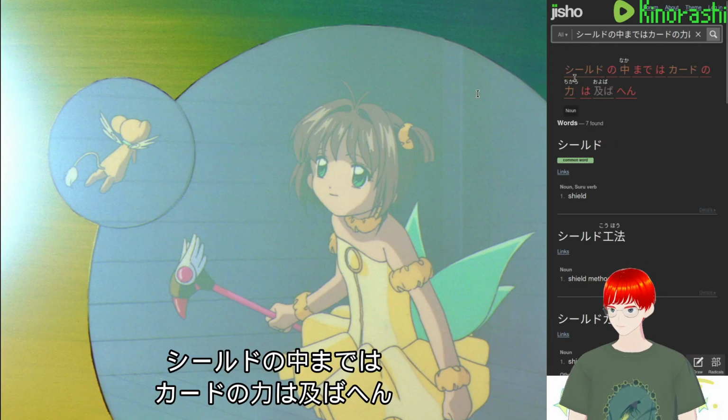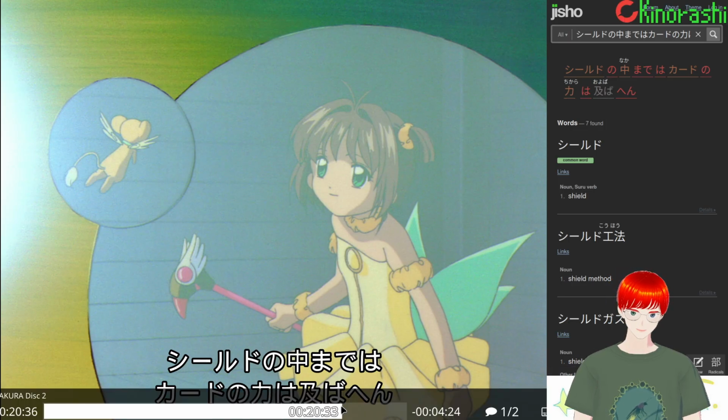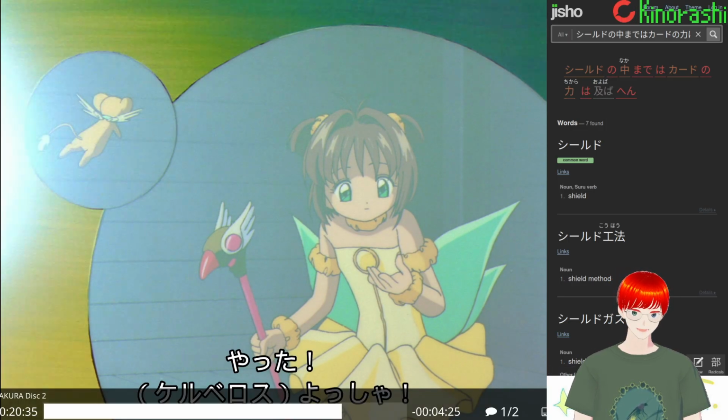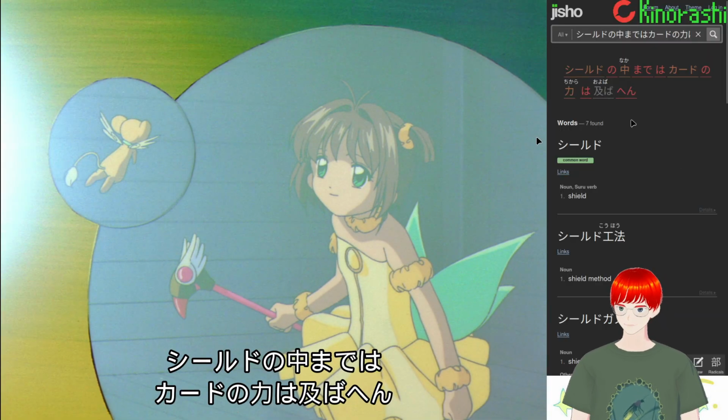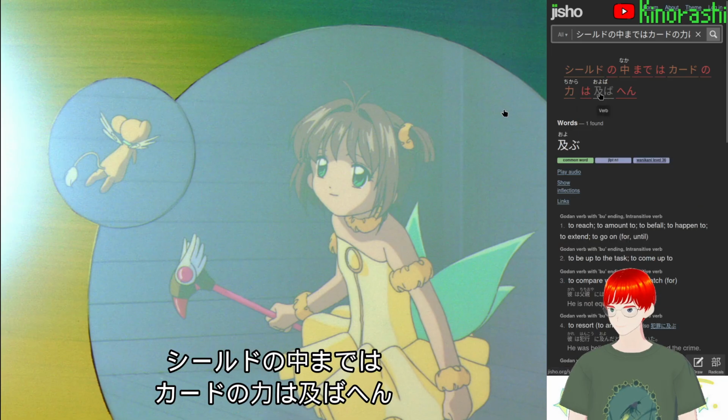So shield no. Is he saying L sound or R sound? Yossha, shield no nakamade wa, I think it sounds like L. Yeah, shield no nakamade wa kaado no chikara wa oyoba, oyobu. Okay, oyoba. Yeah, oyobahen.